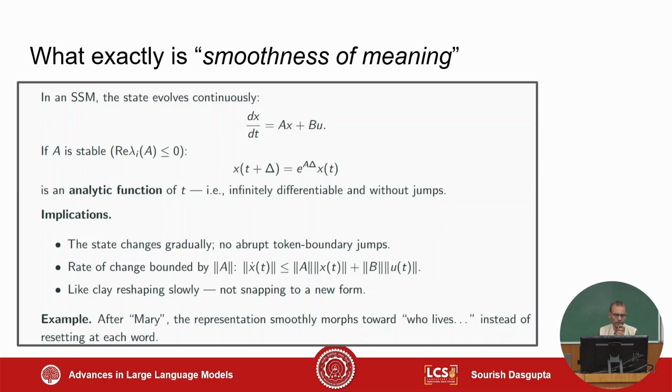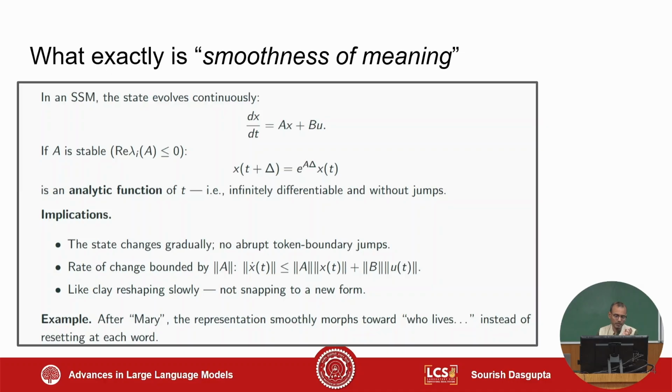Just look at the second relation that you can get out of it, which is that x of t plus delta, where delta is a small change in t, implies you would have something like an exponentiation, e to the A delta, times x of t. How do we get to the exponentiation? We will look at that derivation a bit later. But this is an ordinary differential equation, right? dx by dt equals Ax plus Bu. If you solve this equation with the integrating factor e to the A delta, you will get that.